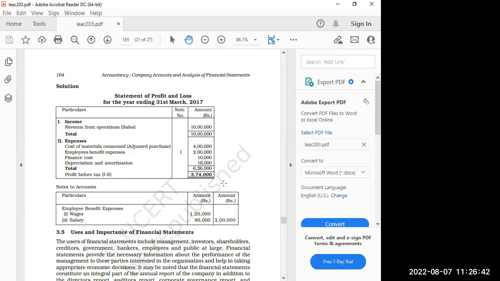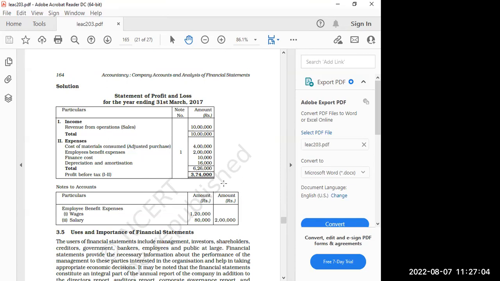So next line, profit before tax. Profit before tax. You can do it like this only. Yeah, that will be simple. Next time you do like that, because only 3 columns. Okay. So profit before tax is 3,74,000.